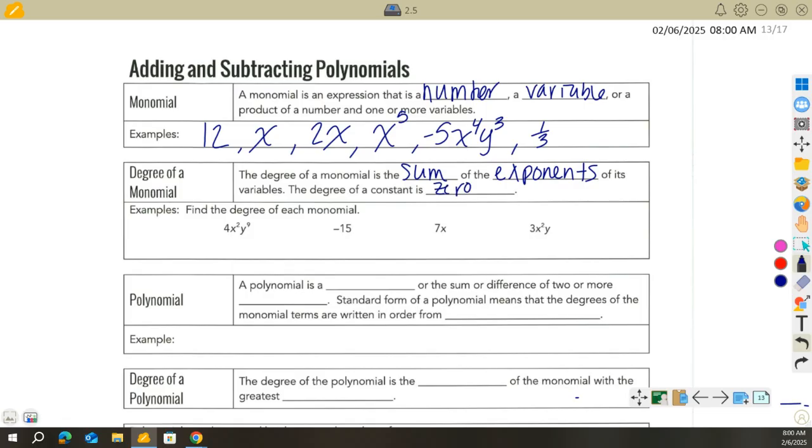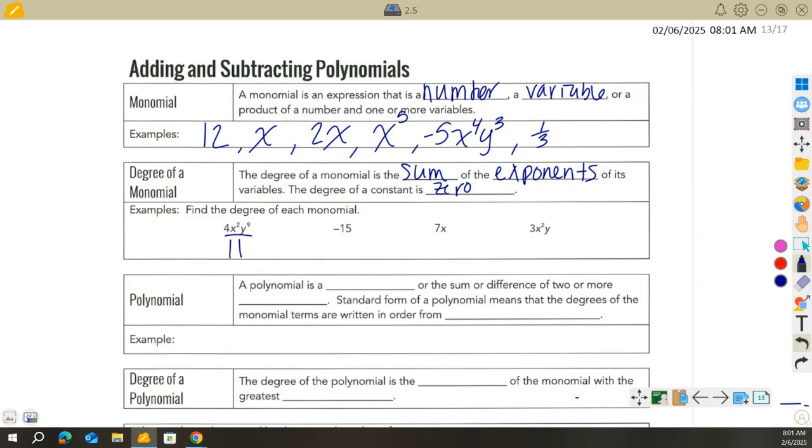So for example, down here, we want to find the degree of each monomial. So for that first one, 4x squared y to the 9th, it is the sum of our exponents. So the degree of a constant is 0, and then x squared and y to the 9th. So 2 plus 9, that gives me 11.